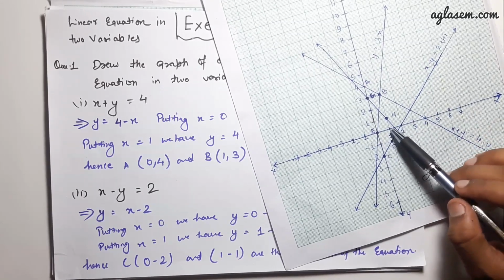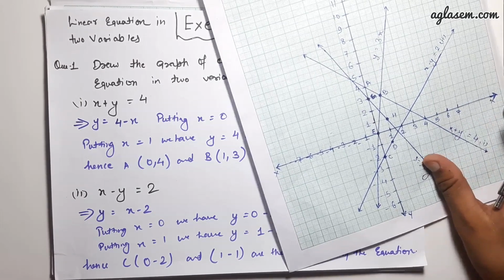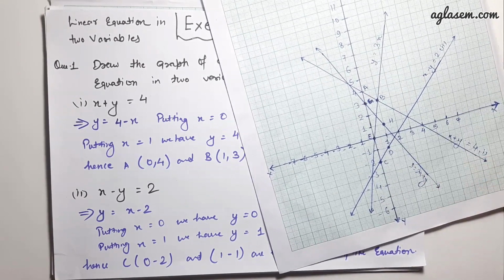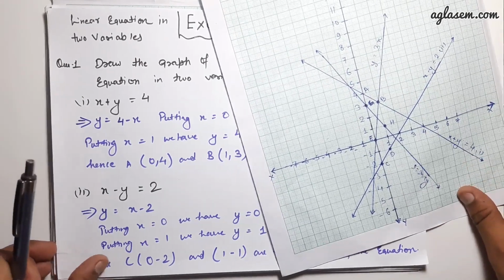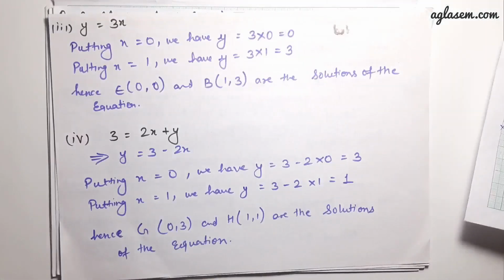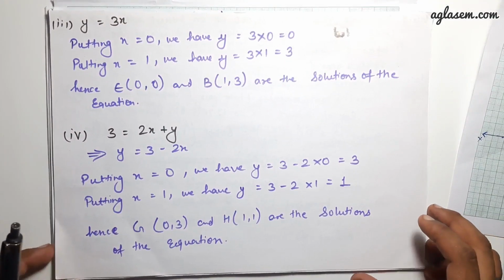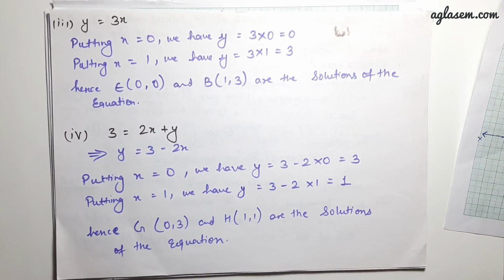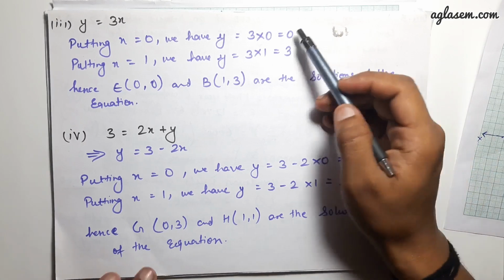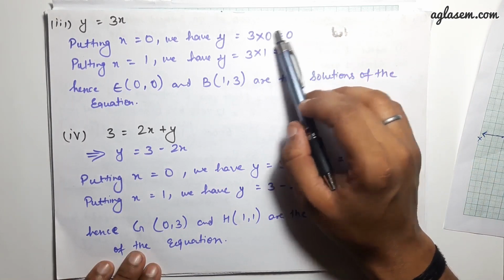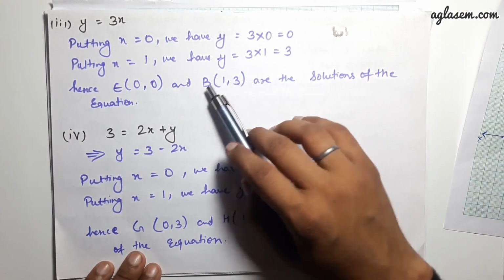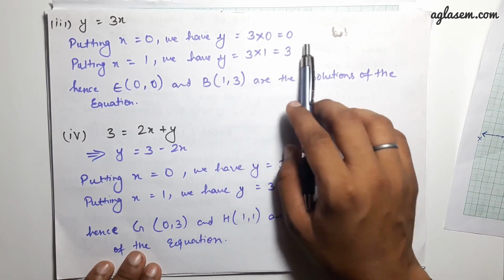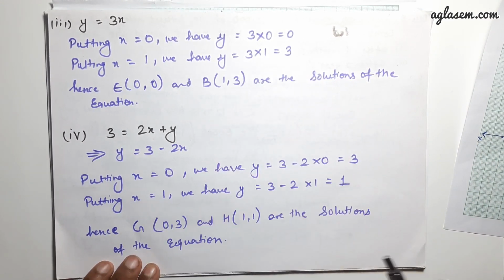So here is (0, -2) and (1, -1); this line, minus 1 is here and 1 is here. So now let's come to the third one, and the third equation is y equals 3x. So putting x equal to 0, same as we have solved earlier. After solving this we get (0, 0) and B is (1, 3) as the solutions.